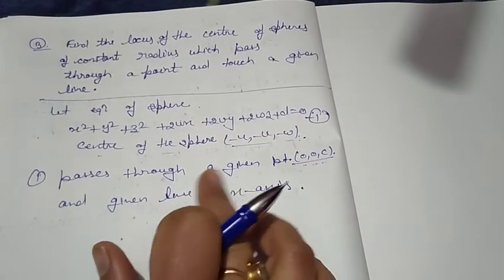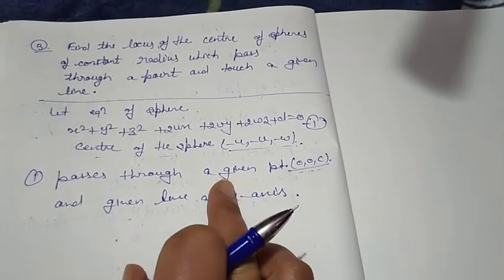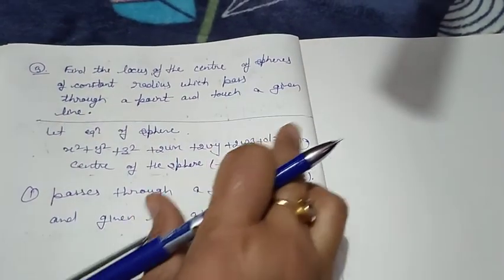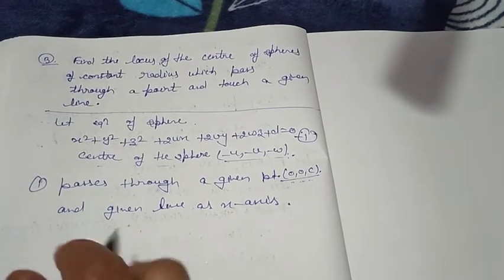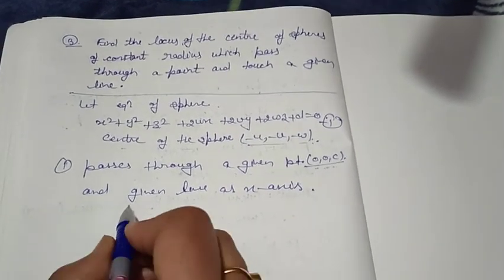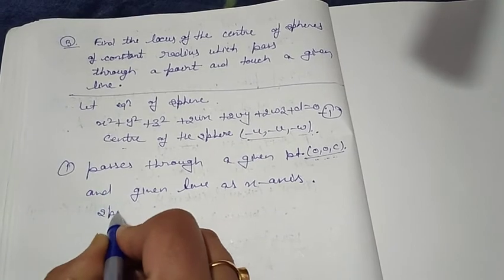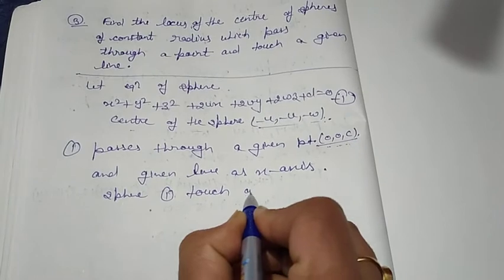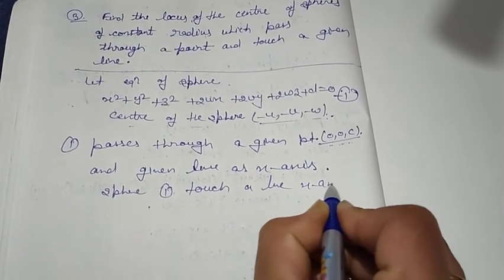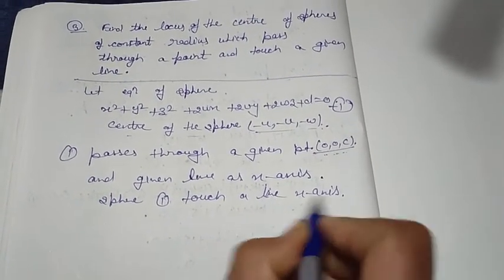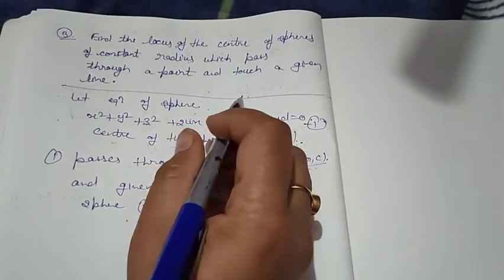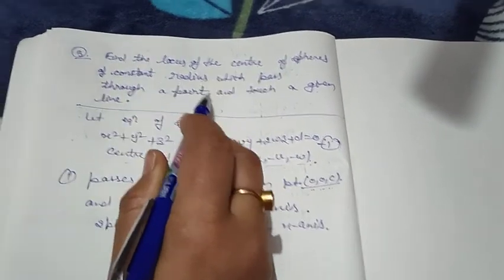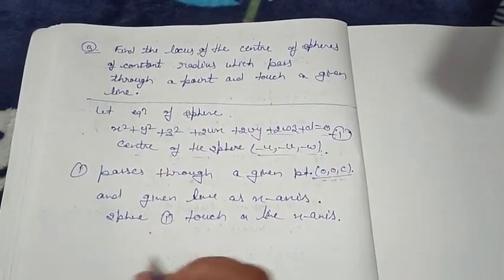First point: this sphere passes through a given point 0, 0, c. Second point: this sphere touches a given line, the x-axis.